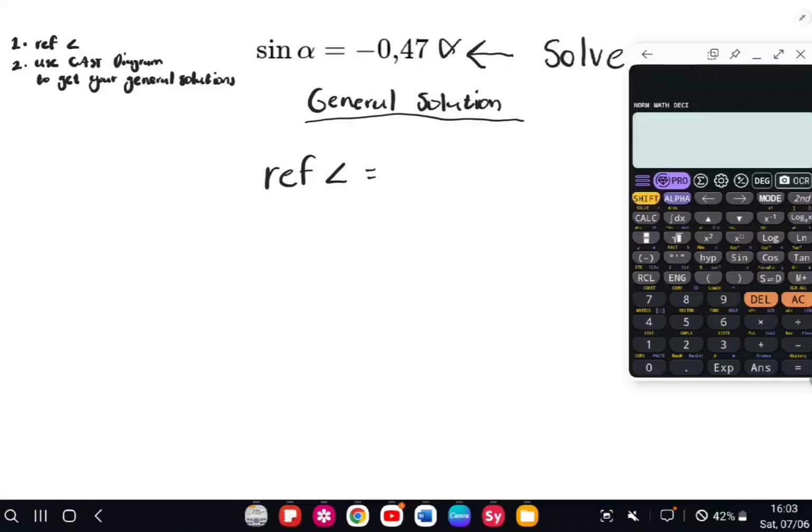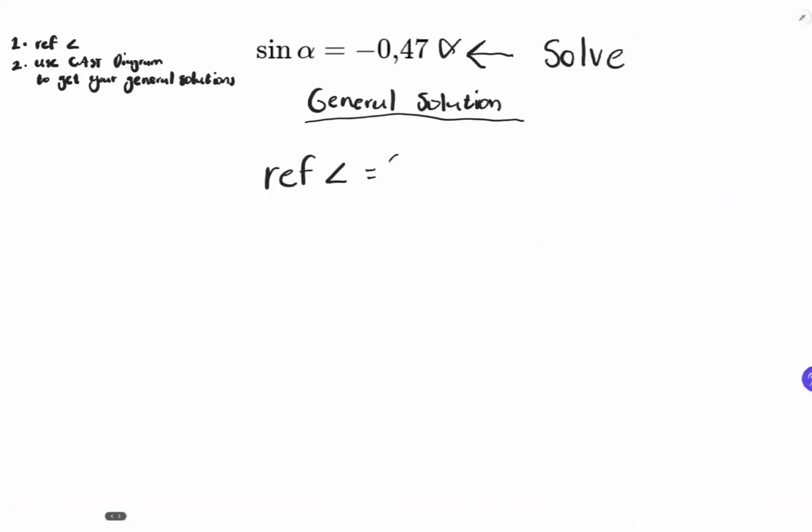So in this instance, it's going to be shift sine 0.47. And so the reference angle is 28.03 degrees. That's our reference angle. So we completed the first step. Second step is use the CAST diagram to get your general solutions.